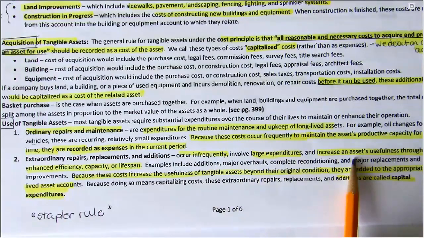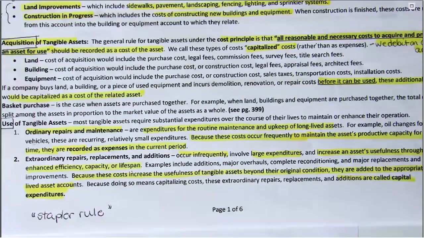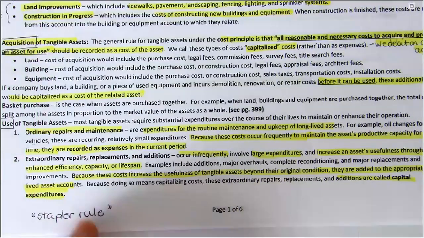How? Well, maybe you're increasing its capacity. We talked in that one example about the golf course, adding an addition onto the building. Or maybe you're modifying a machine to enable it to do a different process. You're modifying a truck, maybe with a tow area or some type of thing that you could attach onto it. That would get debited to the cost of the asset. Or maybe you're making it more efficient.